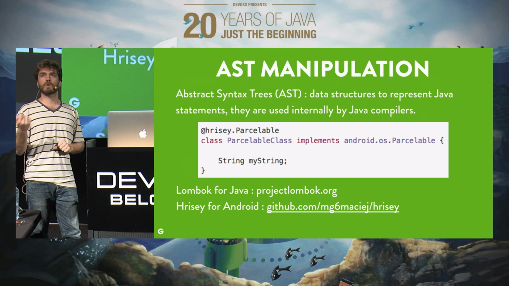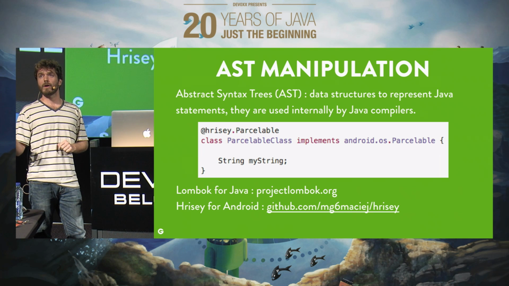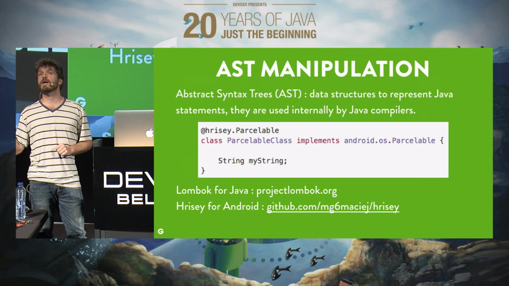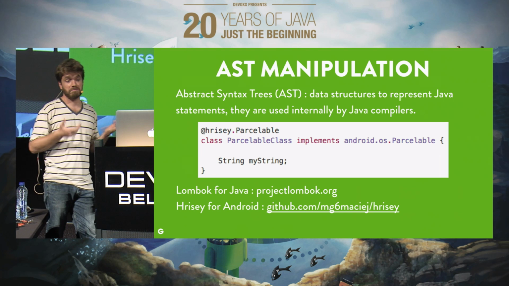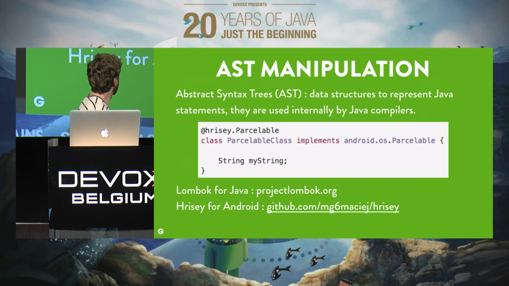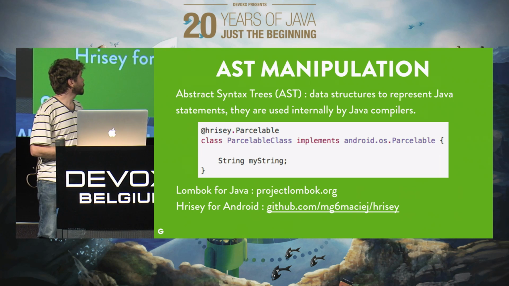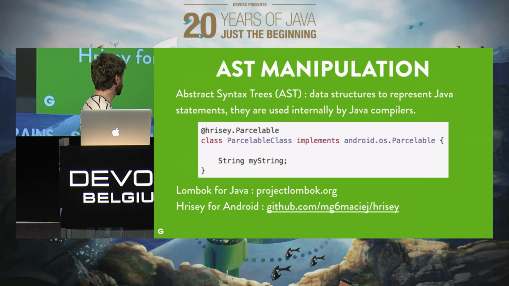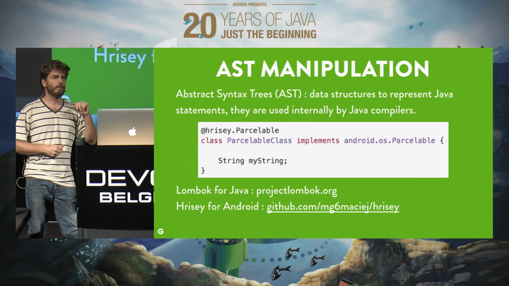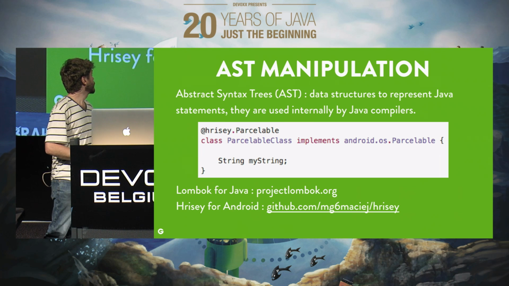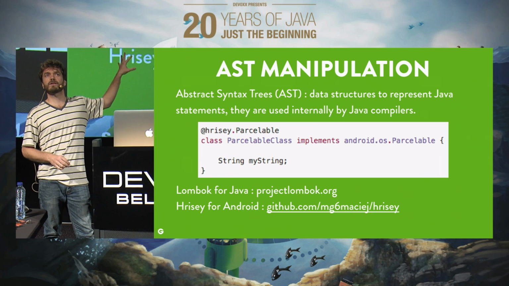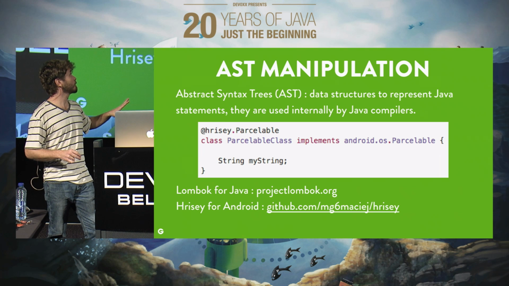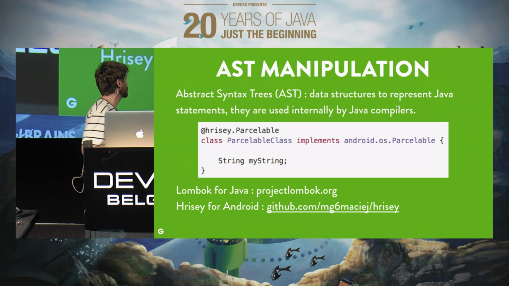So with Lombok, you can, for instance, just annotate a field, and Lombok is going to generate the setters and getters for you, one of the cool things it can do. Here you got an example of a library that's been developed really for Android by someone called Mateusz from Poland, if my memory is good. So he's developed a new project called Chryse, which I probably pronounce very badly.